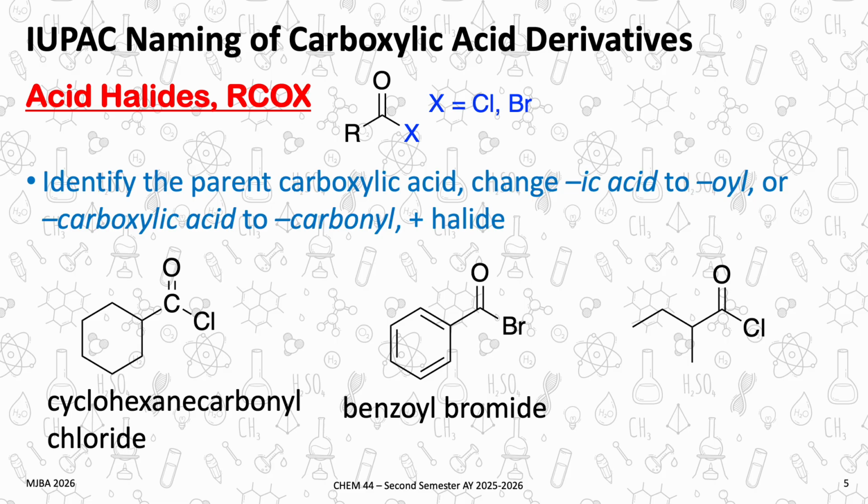So therefore, this will become 2-methyl butanoyl chloride. Again, we're going to assign the position of the acyl group, the acyl carbon, as carbon 1.